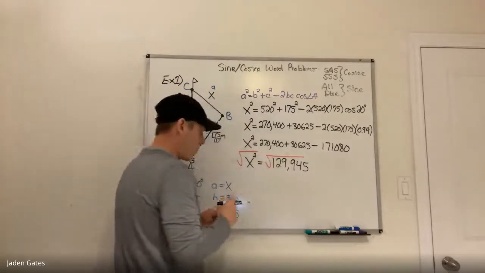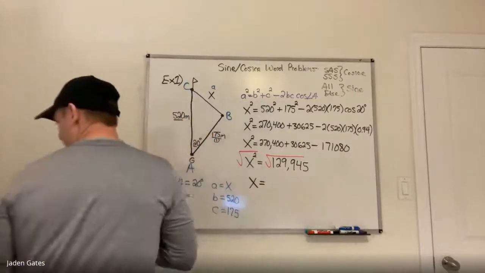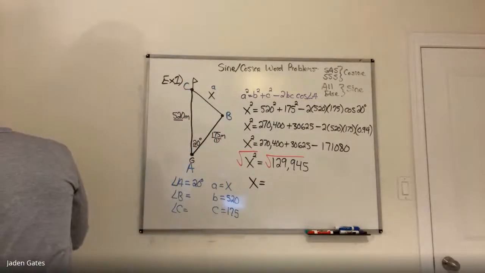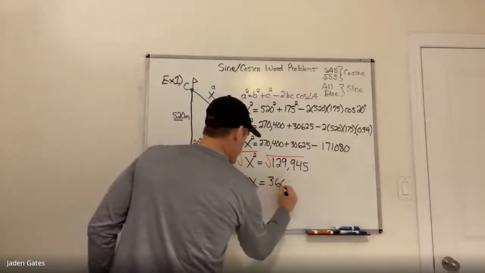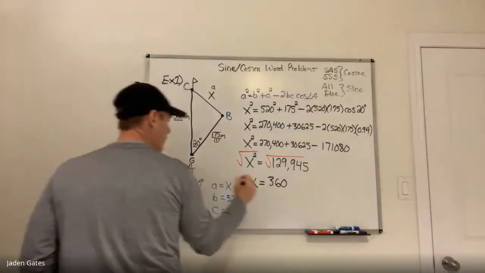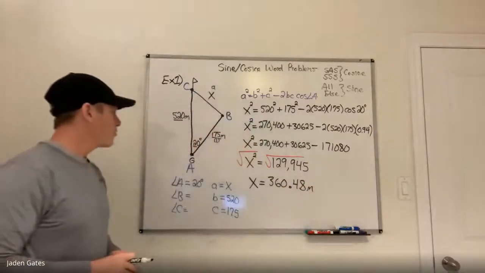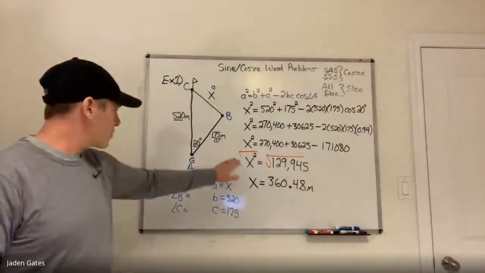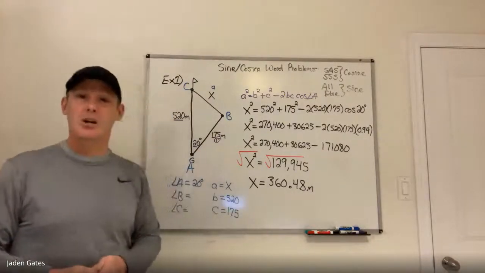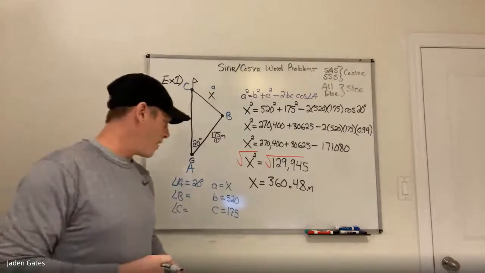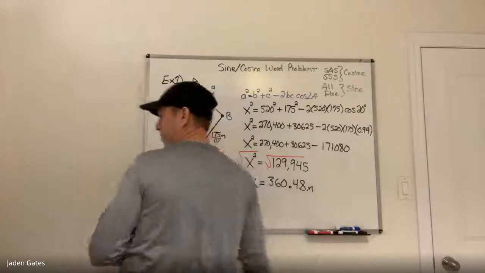So I square root both sides, and I get x to be a bit of a crazy distance: 360.48 meters. So a much longer hit than their first hit. Their first hit was 175 meters. Their second hit is 360.48 meters. So a much bigger hit. Tiger Woods-ish, I guess you could say.